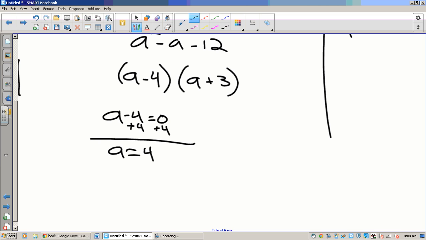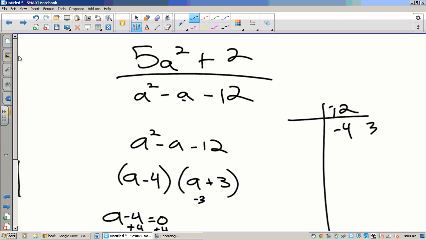Well, actually a can't equal 4, but we're trying to find the thing that would make it not work. And then negative 3 also would make this equal to 0, because anything times 0 equals 0. And if our denominator equals 0, it's not true. So again, our excluded values in this problem are 4 and negative 3.